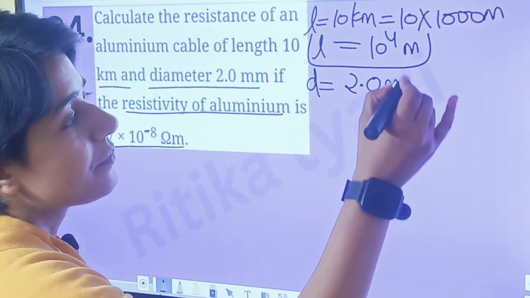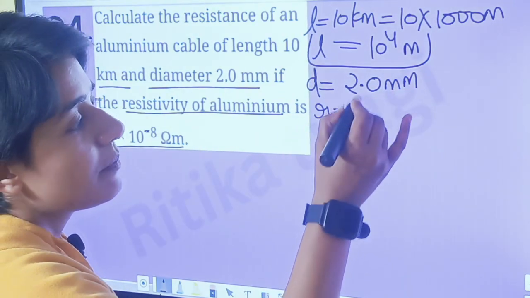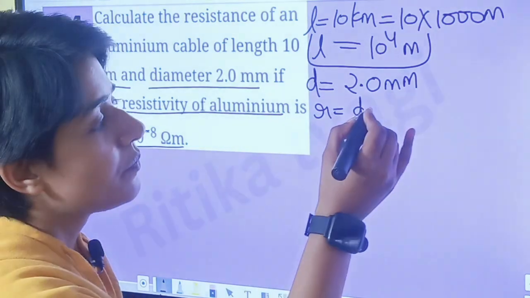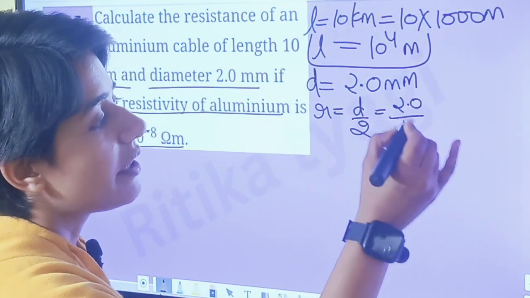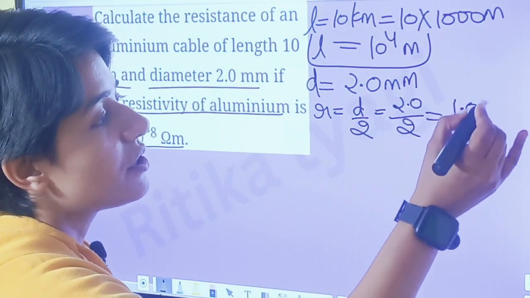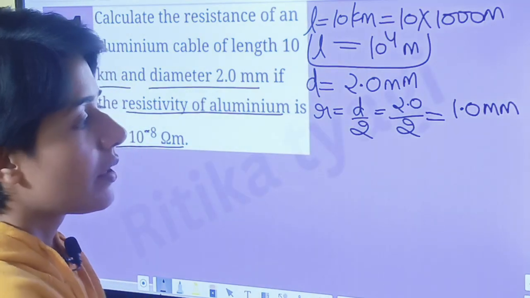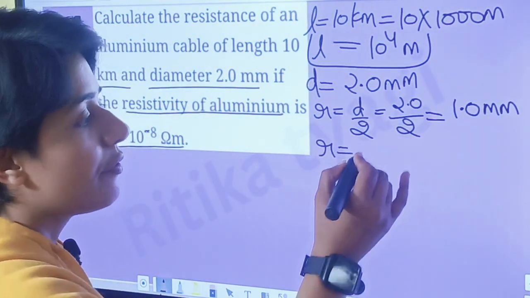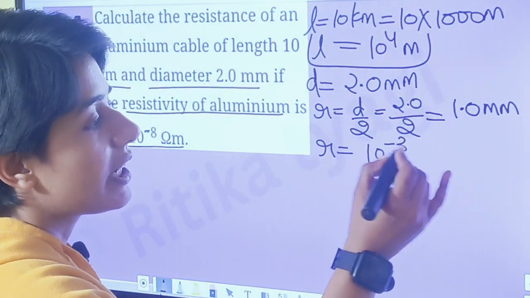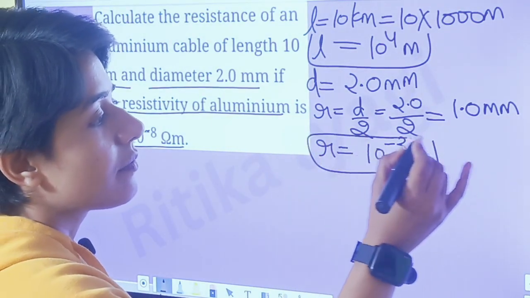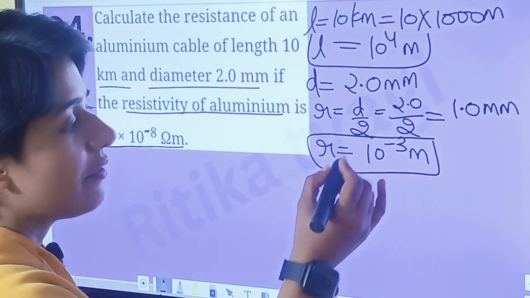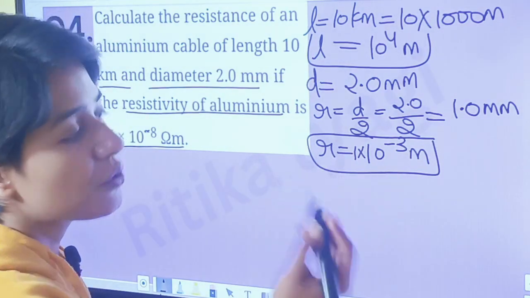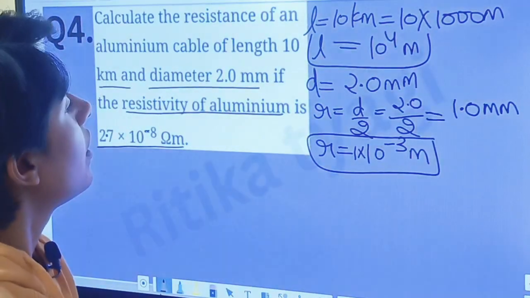2.0 mm. Finding the radius, dividing diameter by 2, we get 2.0 divided by 2, that is 1.0 mm. Now convert 1 mm into meter, we get 10 to the power negative 3 meter. As it is 1, then we can also write 1 multiply 10 to the power negative 3 meter.